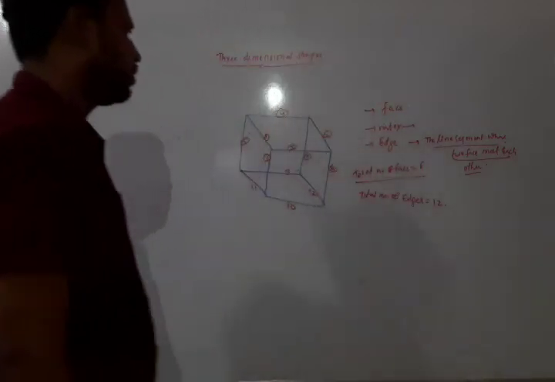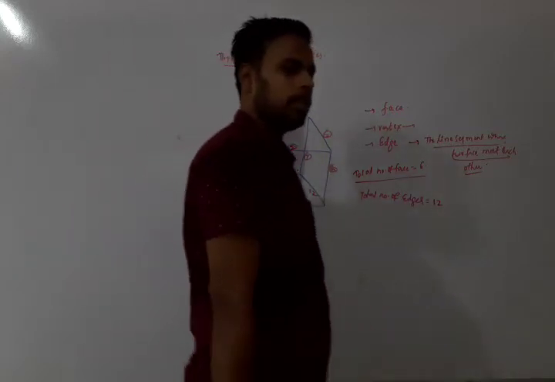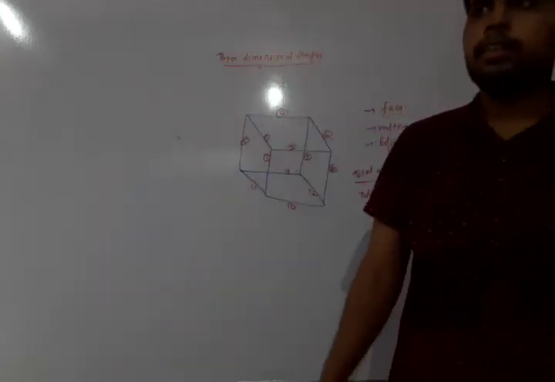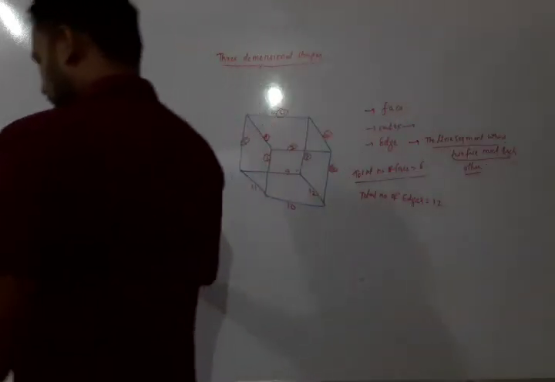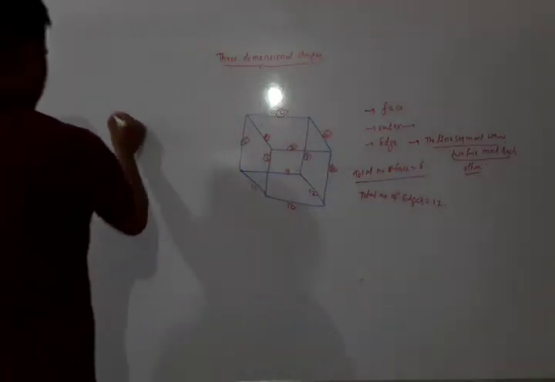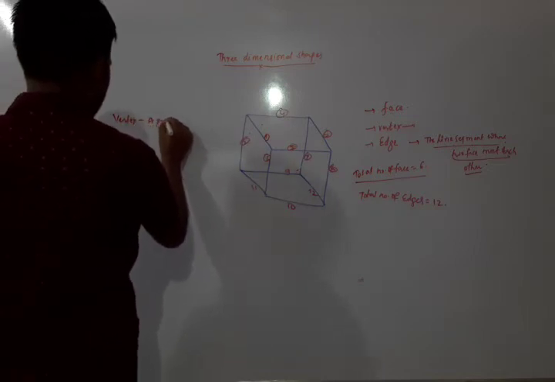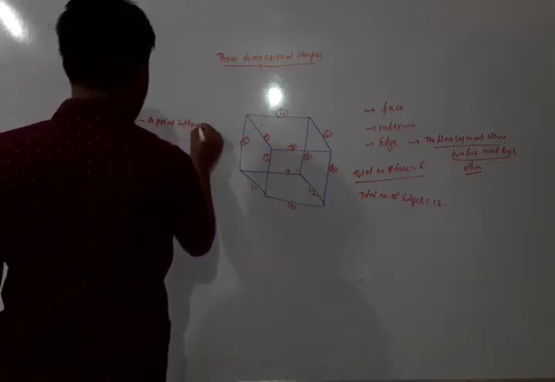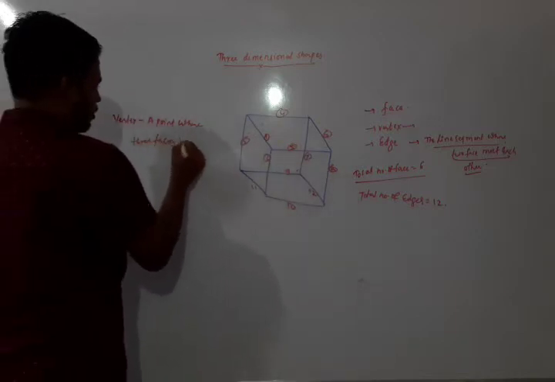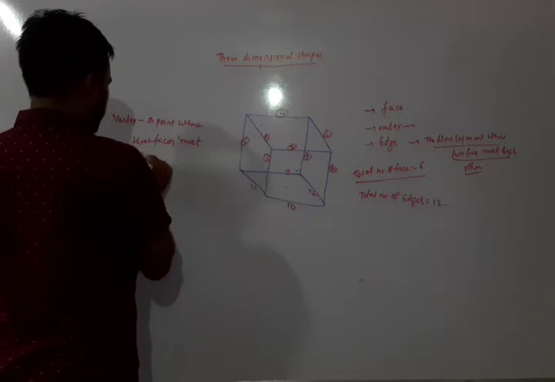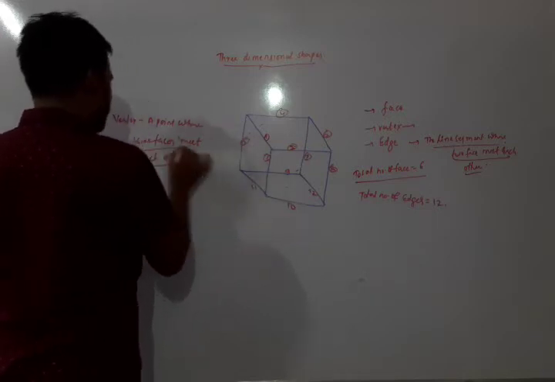Now vertex. In a three-dimensional figure, a vertex is a point where three faces meet each other. How many faces are meeting? Three faces.